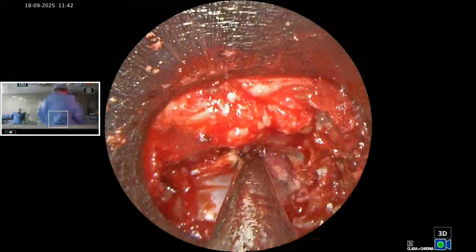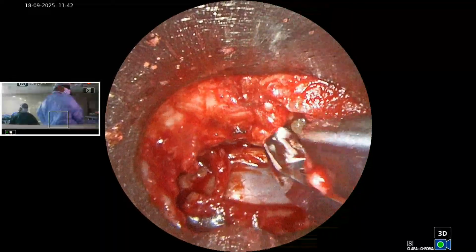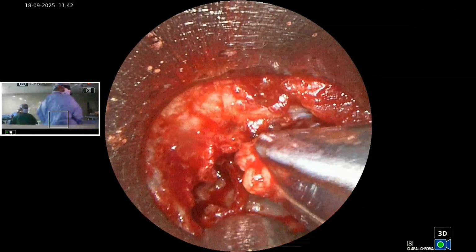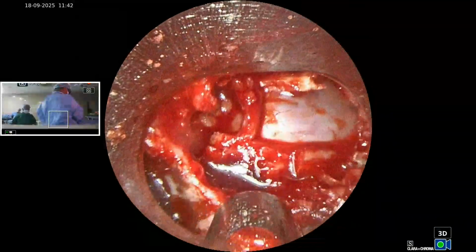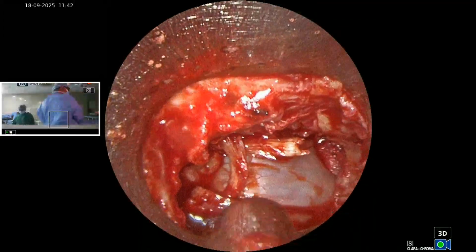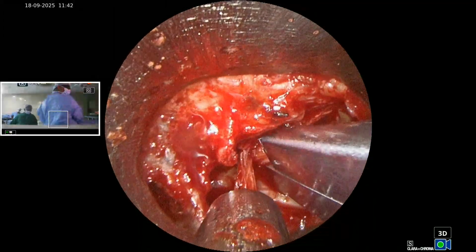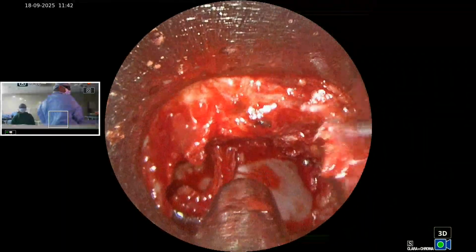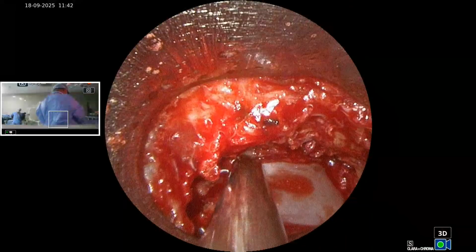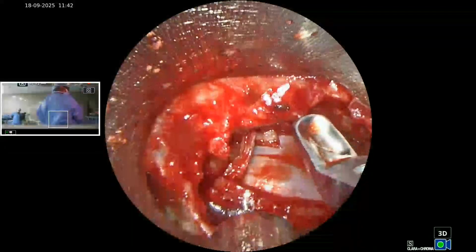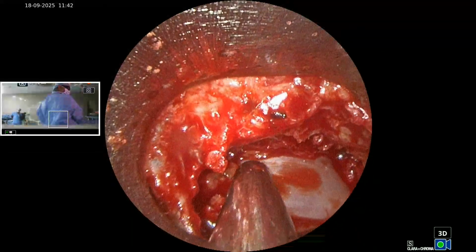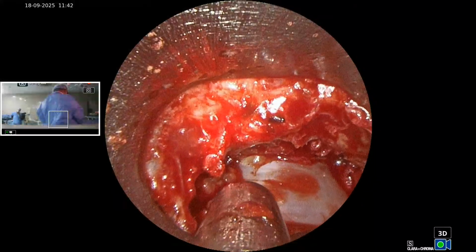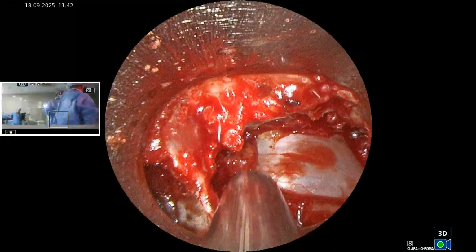So this is the foraminal area, and we are at the foramen of the opposite side. We are approaching from the left side. Now we are at the right side foramen. Dispersor.